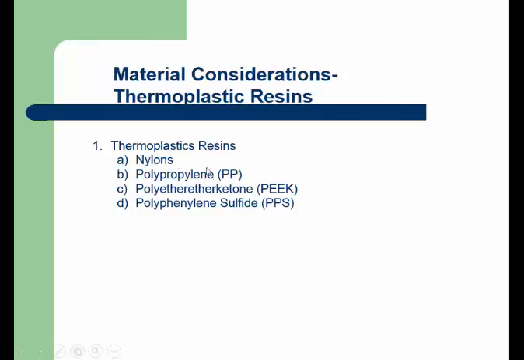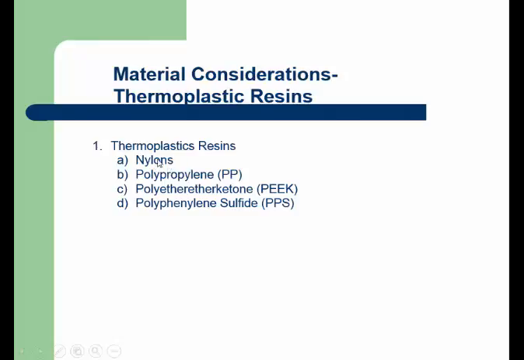The primary categories of thermoplastic resins used in composites are nylons, polypropylene, PEEK, and PPS. PEEK and PPS have, for thermoplastics, fairly high operating temperatures and fairly high strength. They're on the upper end for thermoplastics.